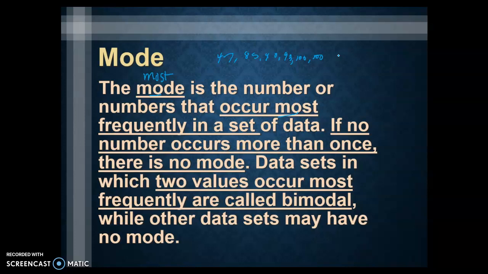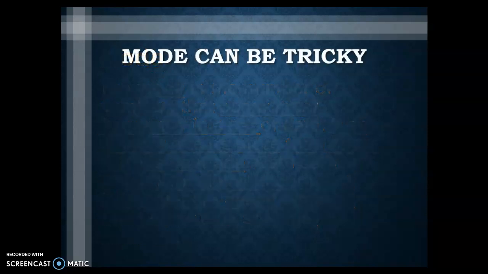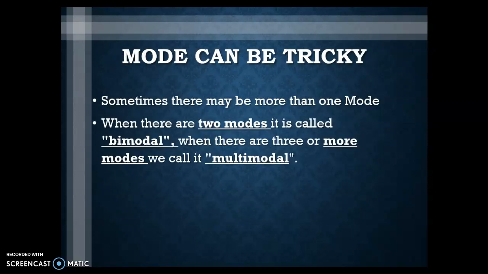The mode is the number that occurs the most. If there's not a number that occurs more than once, if they're all just occurring one time, then there is no mode. Data sets can also have more than one mode. If there are 2 modes, we would call this bimodal. So we do have to be careful with mode. It can be tricky. If there's 3 or more modes, we might call it multimodal.